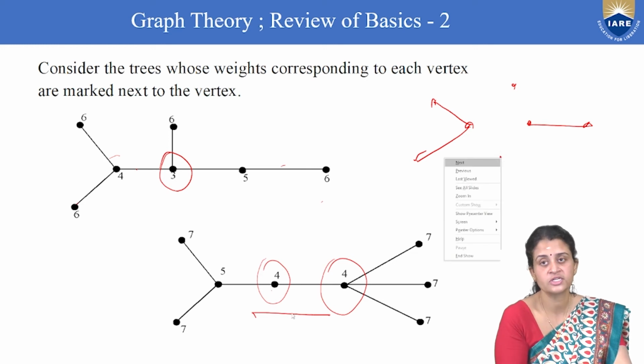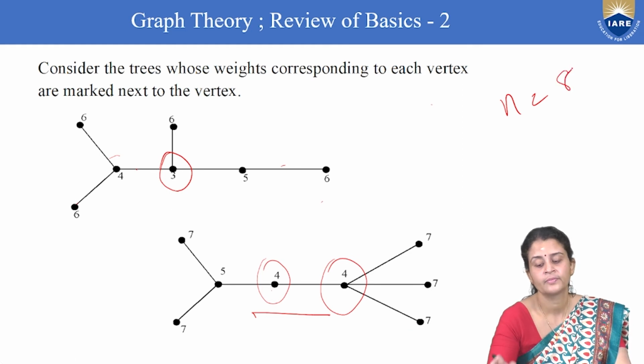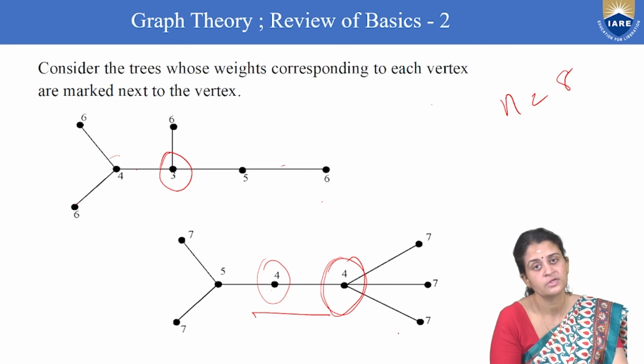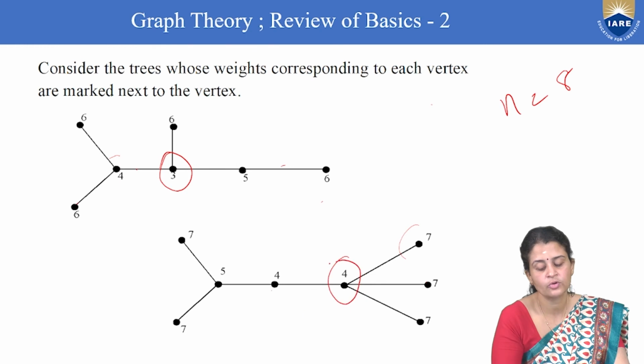When we are considering this graph, what will be the effect? How many vertices do we have here? N equal to 1, 2, 3, 4, 5, 6, 7, 8. If I am removing this vertex, what is the maximum number of vertices in a component? 1, 2, 3, 4. And here we will be having 1, 2, 3. Suppose I am going to remove this one only. This tree will split into how many components?